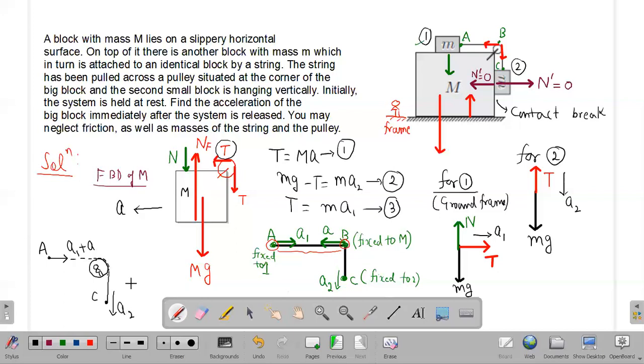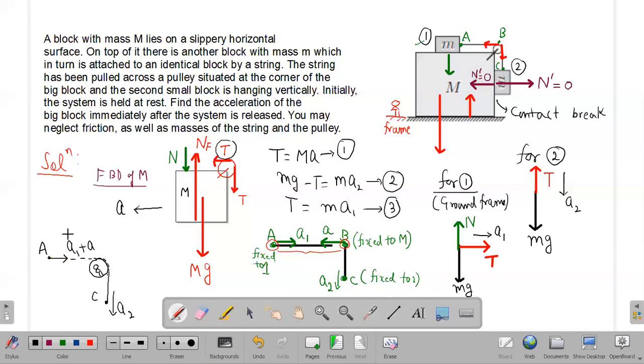Since the string is inextensible, any decrease in this horizontal portion of string must be an increase in this vertical portion of string. Since the total length of string is constant, the horizontal portion is reducing in length, and therefore the vertical portion must be increasing in length by the same amount.